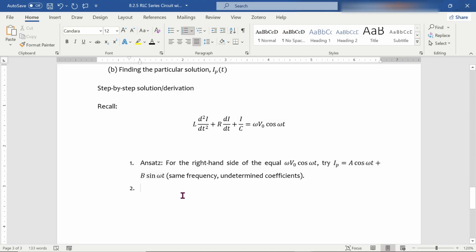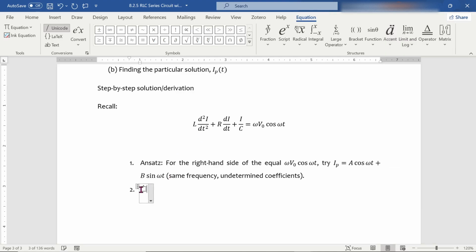This is our ansatz for IP, which means that IP dot is equal to, so we differentiate this: negative a, the derivative of cosine is sine, sine omega t, times the derivative of omega t, that's omega. Plus we have b omega cosine of omega t.